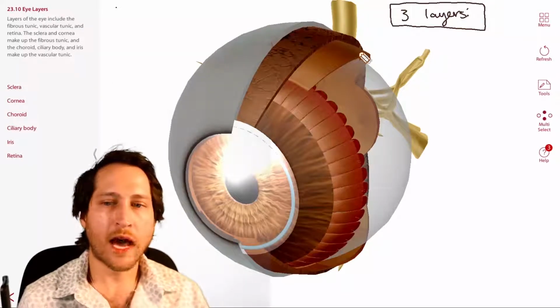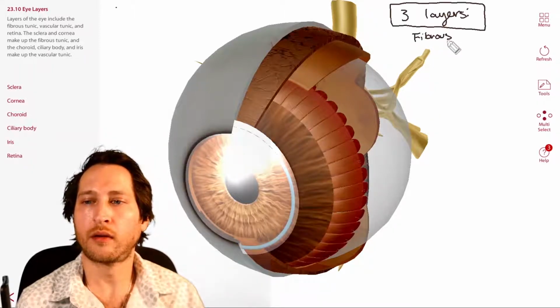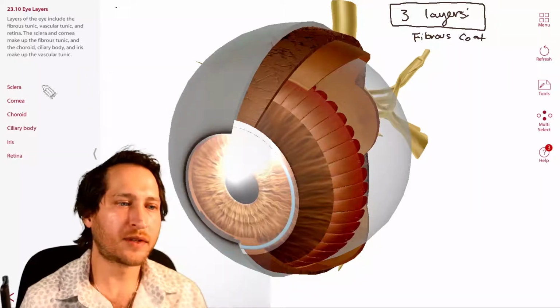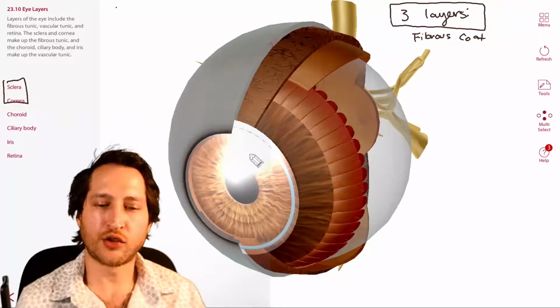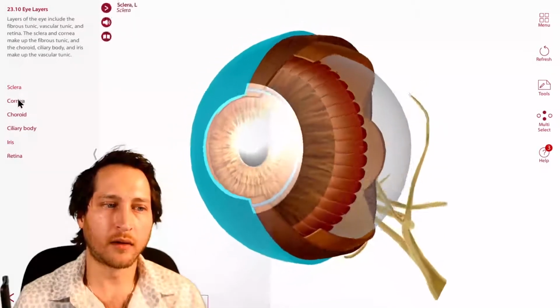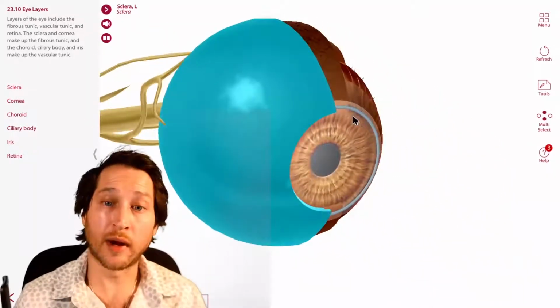So the outer layer is called the fibrous coat. And the fibrous coat is going to make up the sclera and the cornea. So that transparent portion that's going to allow light to come in, the cornea, which gives rise to the sclera, the white part of the eye that surrounds it.